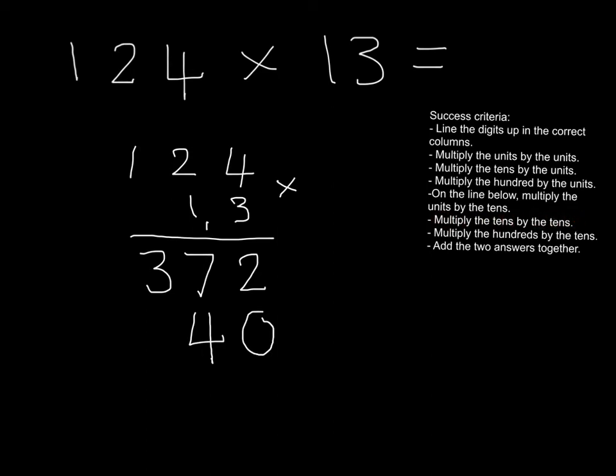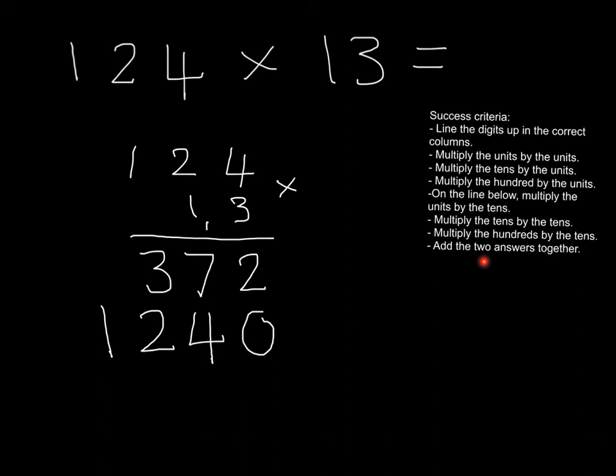Next, multiply the tens by the tens. This gives us 200. Now, multiply the hundreds by the tens. This gives us 1000.